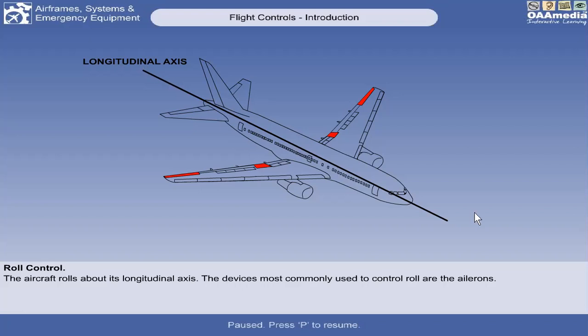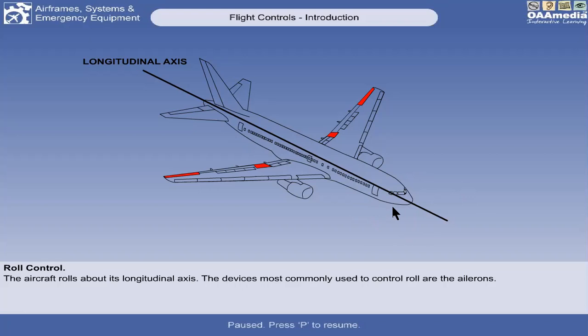So this is the longitudinal axis, from nose to tail. The aircraft rolls about it, so it rotates around our longitudinal axis. And the flight control that is responsible for rolling the airplane is the ailerons.